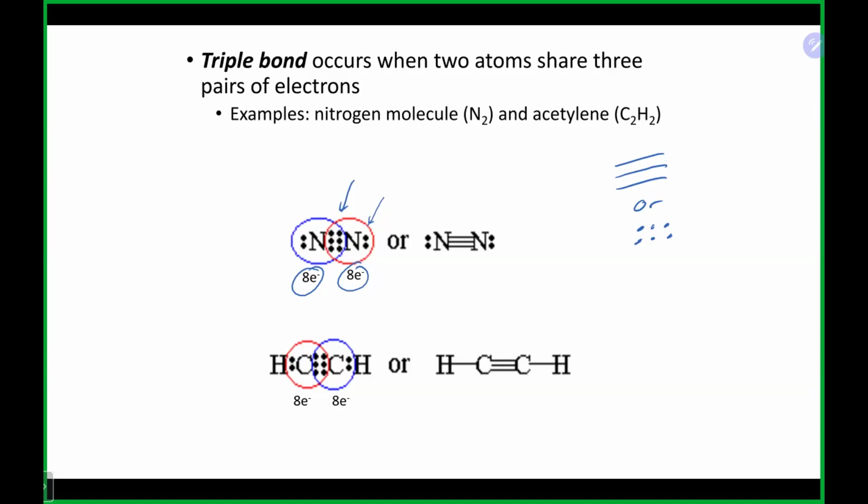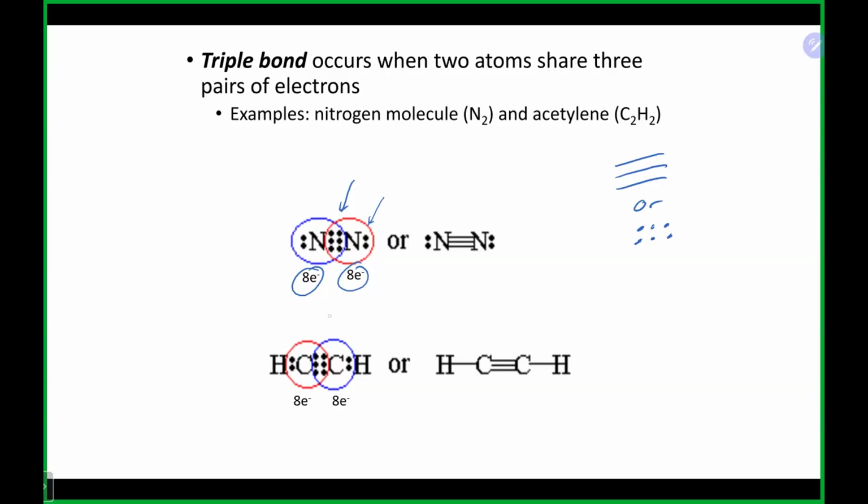And if that should not work, then you've got to go to a triple bond. So the best rule of thumb when you're drawing Lewis structures, which we'll talk about a little bit later in this chapter, is to single bond it, and if that doesn't fix everybody, then go to your double bond option. If that doesn't fix it, then go to your triple bond option. Once again, you just don't want a double bond right out of the box.